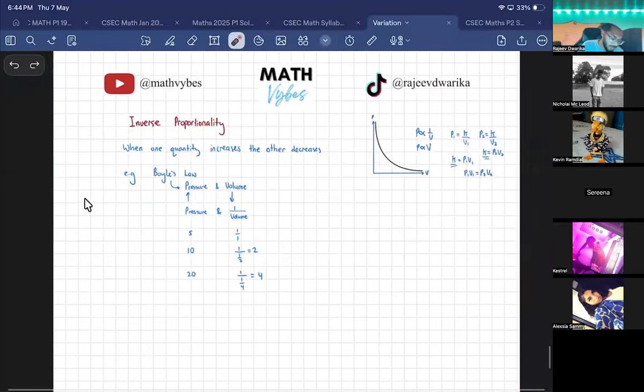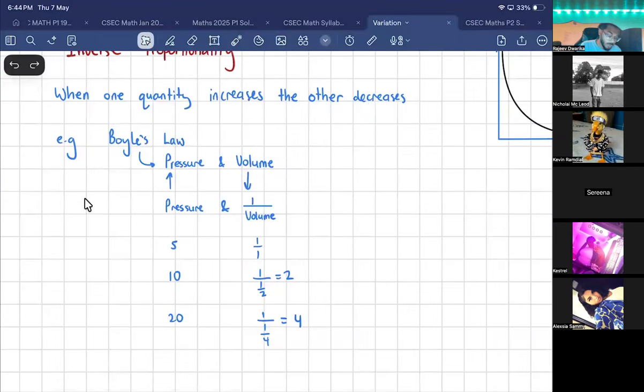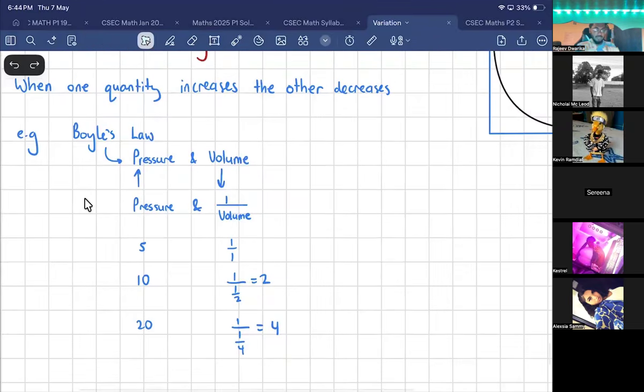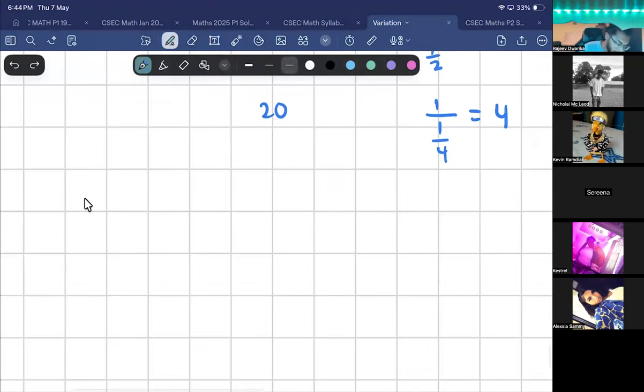So why am I showing all of this? I'm showing you guys this so you can build up a sense of intuition as to how this works. The steps are very similar. It's just that instead of saying it's proportional, you're going to write that it's proportional to the reciprocal of the other quantity. Here's an example.